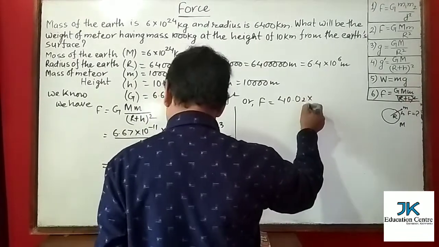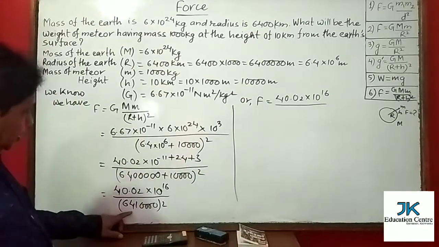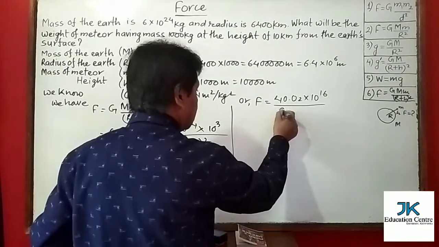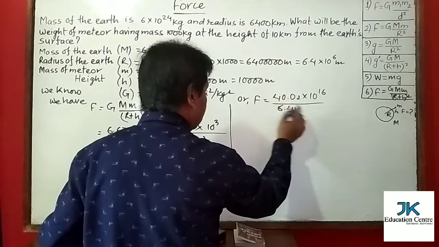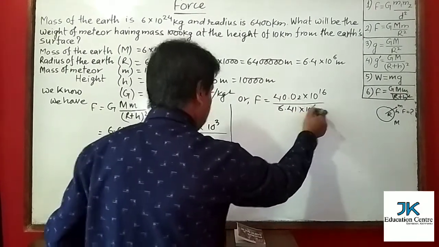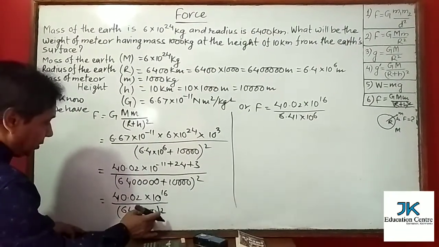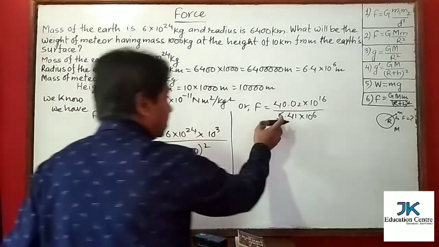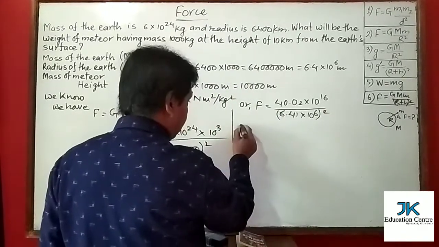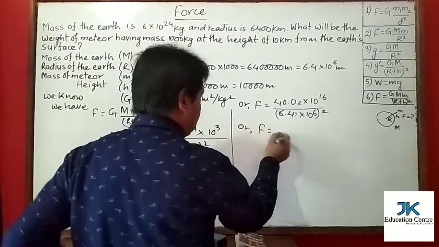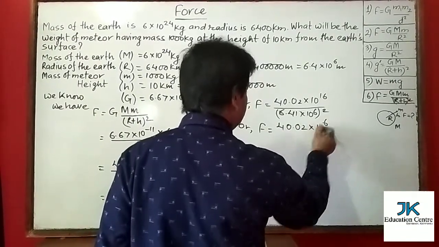Now F is equal to 40.02 into 10 to the power 16. I want to convert this into a power of 10 again: 6.41 into 10 to the power 6. Look at this, 1, 2, 3, 4, 5, 6 digits. If we take the decimal point 6 digits to the left-hand side, then it is 6.41 into 10 to the power 6, squared. Or F is equal to 40.02 into 10 to the power 16.